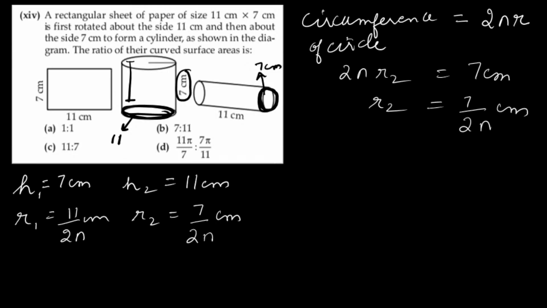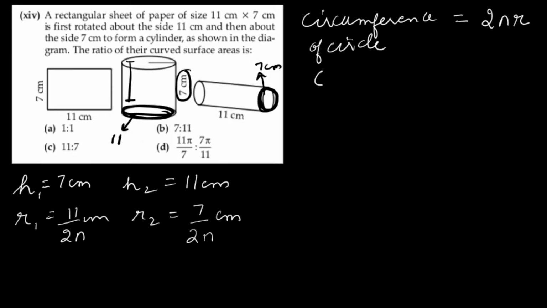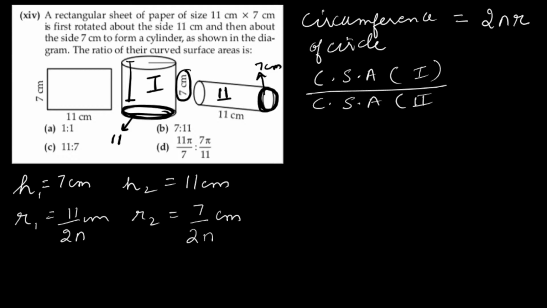Now we have to find the ratio of their curved surface areas. What is the formula of curved surface area of cylinder? Ratio means curved surface area of first cylinder by curved surface area of second cylinder. So this we have to find, this is first and this is second.